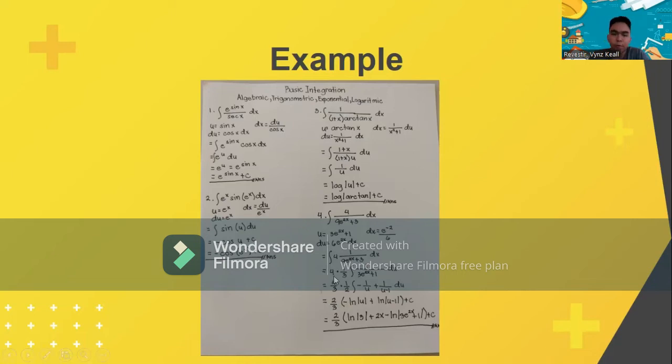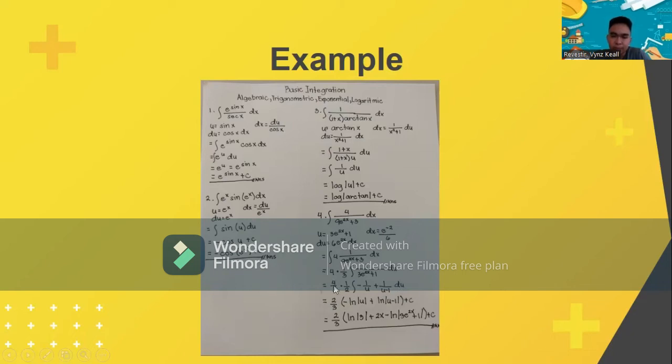So equals 4 times 1/3 times the integral of 1 over 3e raised to 2x plus 1 dx. Combine. 4 times 1/3 is equal to 4/3. And the integral of 3e raised to 2x plus 1 is 1/2 times the integral of negative 1 over u plus 1 over u minus 1 du.